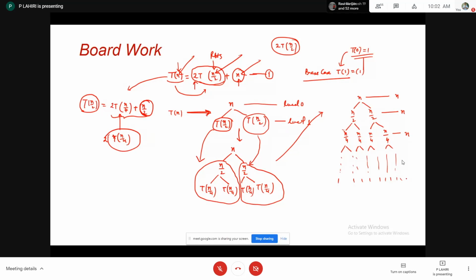Okay. So if you move on, at the last it will be 1 plus 1 plus 1 up to n. So the cost per level you are getting is n. Okay. So we can say that the sum of the values at each level is n.